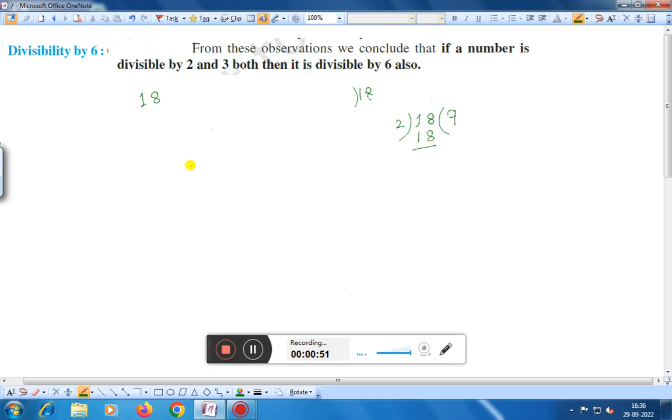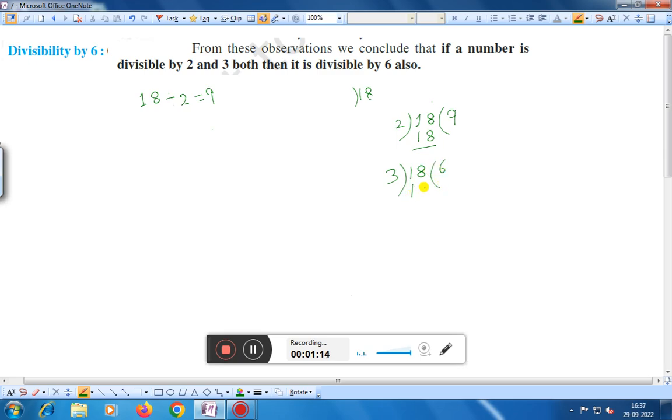Therefore, 18 is divisible by 2. That is, 18 divided by 2 is equal to 9.